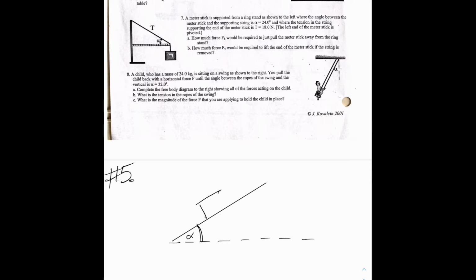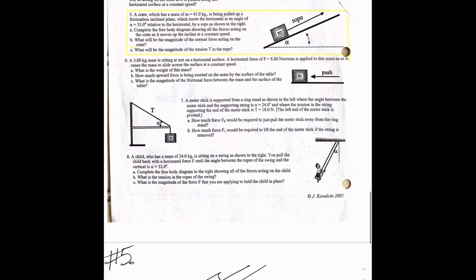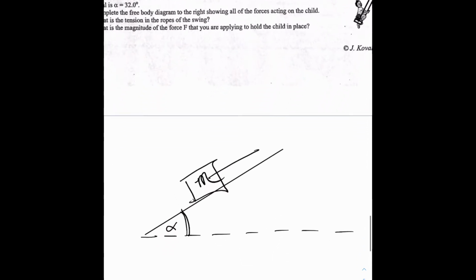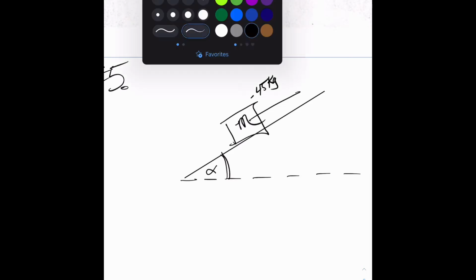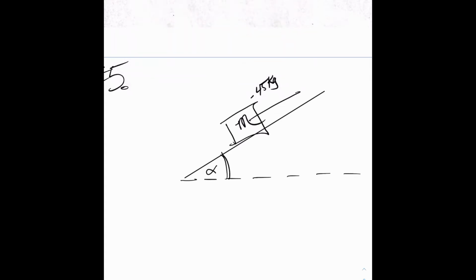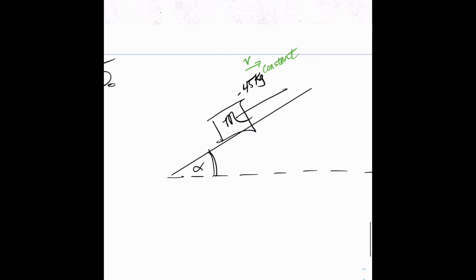We have this mass attached to a rope, and I'll just write the letter M, that the mass is 45 kilograms. And the velocity is constant. So I'm just going to make a little note here that there's some v here and that it is a constant value.